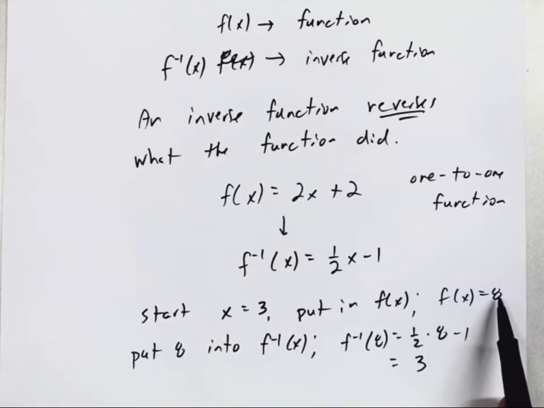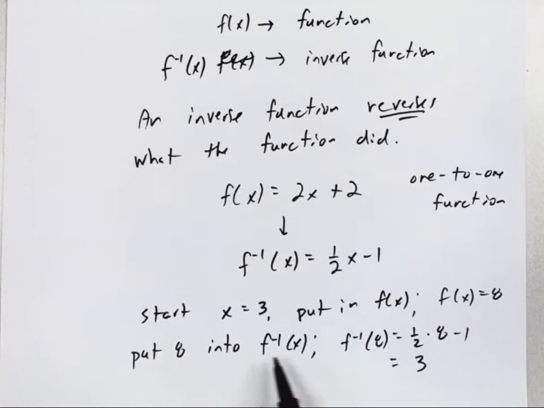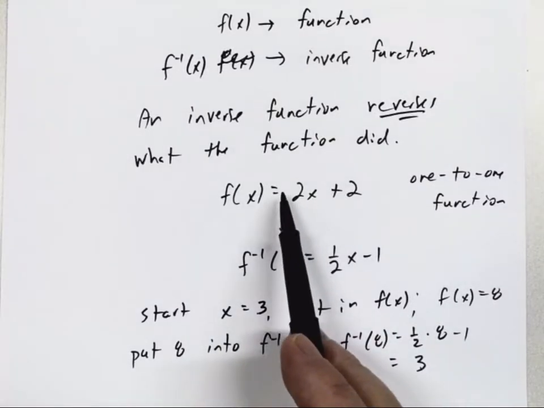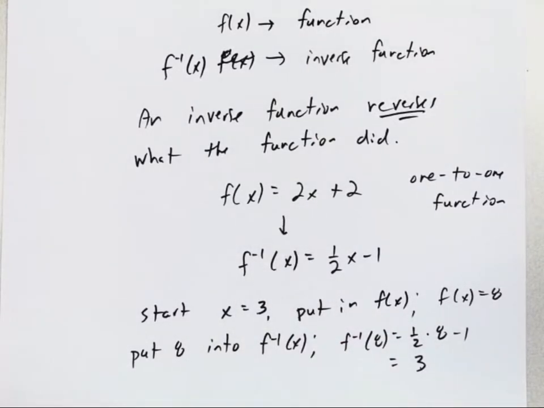The function gives us an 8. If I take that 8 and plug it into the inverse function, what does it give me? A 3. Back to where I started. This inverse function just reversed or undid what the function did. So that's the idea about an inverse function.